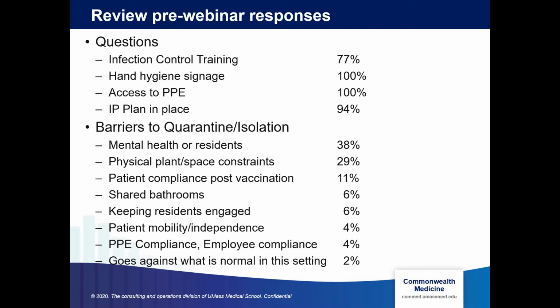That's very common even in the community now. Shared bathrooms, keeping residents engaged in IP practices, patient mobility and their independence, PPE compliance, employee compliance, and it sort of goes against what's normal in your settings. That was, I thought, a really good response from a few of you, that this isn't your norm. And so it's been very, very challenging to implement infection prevention measures in those settings.